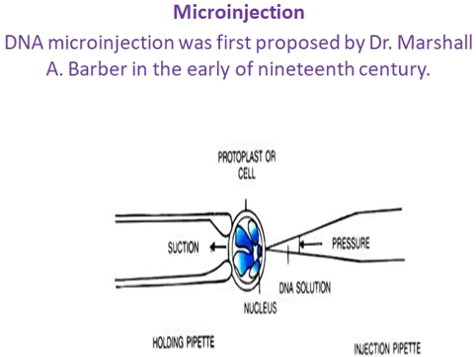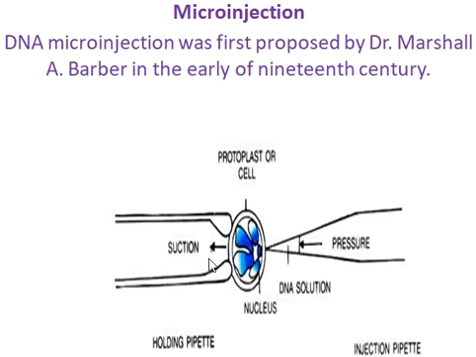Through that, the DNA is injected into animal cells. While injecting, the animal cells may move from their location. In that case, we use a suction apparatus. Using the suction apparatus, we give proper pressure.